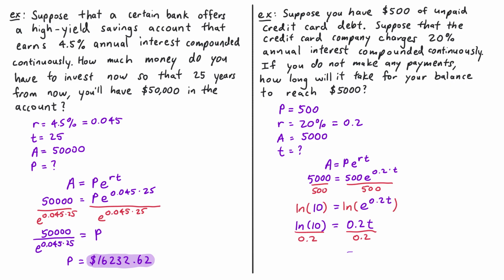So in the end, we have t equals ln of 10 divided by 0.2. Typing this into our calculators, we have t equals 11.5 years. So if we start off with $500 in unpaid credit card debt, after 11.5 years, it'll reach $5,000.